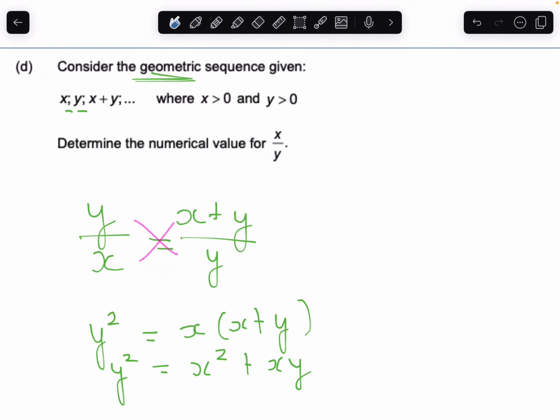Consider the geometric sequence given. Oh wait, okay, so wait a minute.